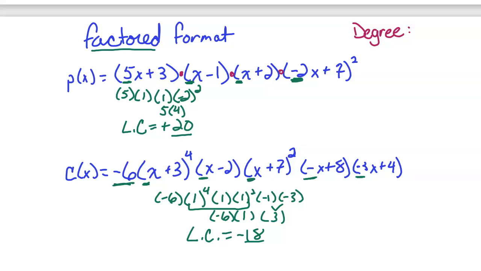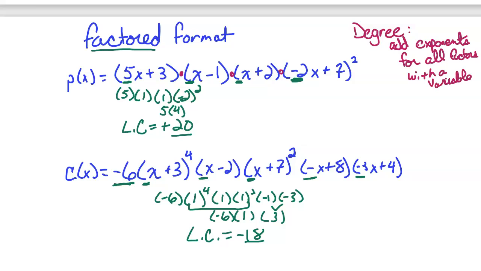So if I were to multiply all of these factors together, what would my largest exponent for x end up being? Well, I'm going to add the exponents for all factors with a variable.